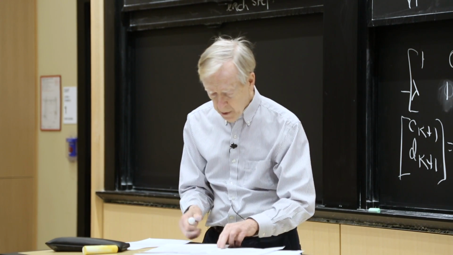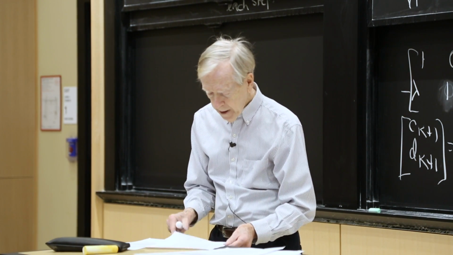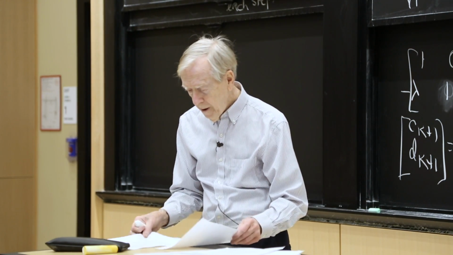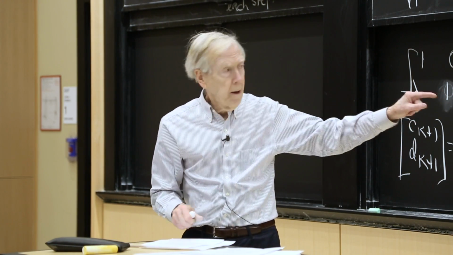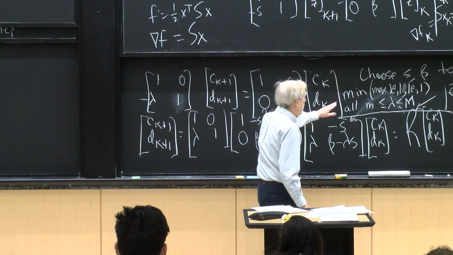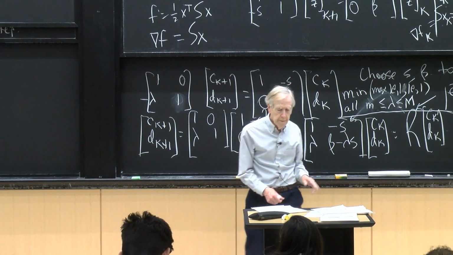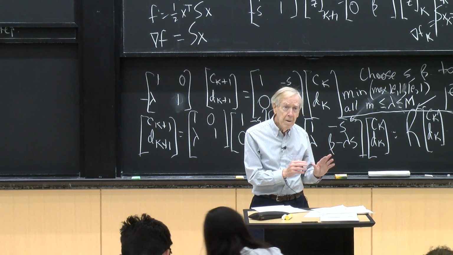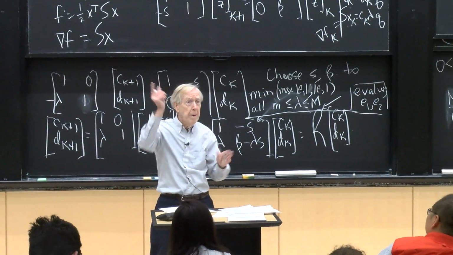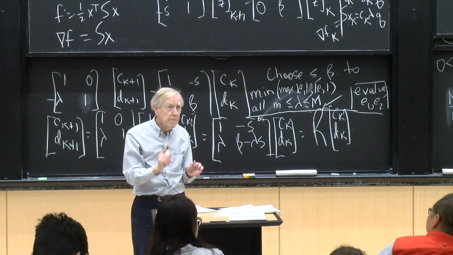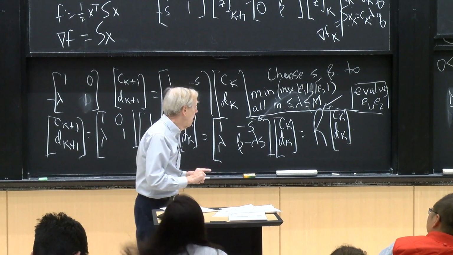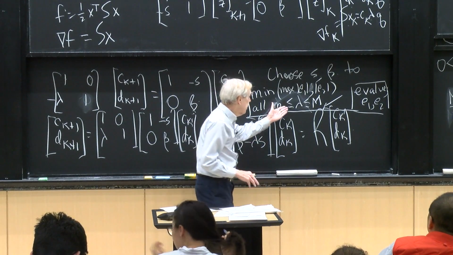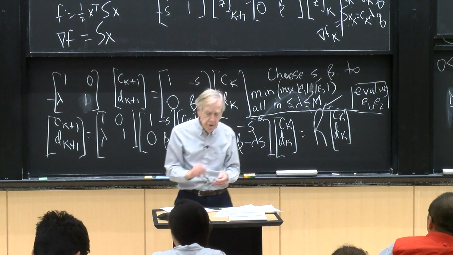So let me tell you what the right s and the right beta and the resulting minimum eigenvalue are. So again, they depend on little m and big M. That's a very nice feature, which we expect, and they depend on the ratio.